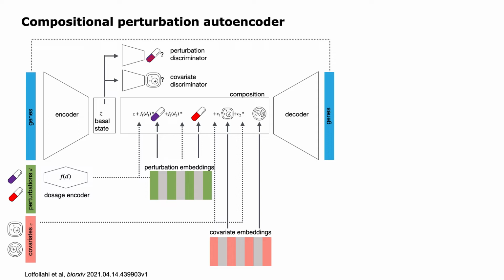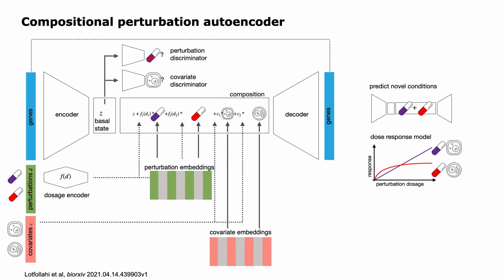Having this basal state, we learn to linearly add back the effect of perturbations and covariates. For each perturbation, we learn a drug embedding or perturbation embedding, and similarly a covariate embedding. Then we have a nonlinear dose encoder, and we add all these effects as a linear effect in the latent space. Then we can predict the effect of a certain perturbation with certain covariates, dose and time. So with this model, you can predict novel conditions.